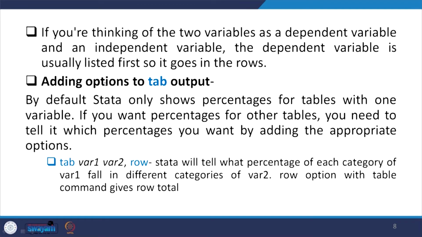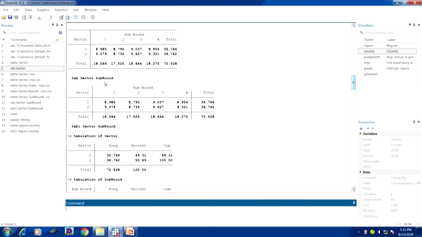Suppose what we have done so far, we have only shown you the frequencies through the table command or through the tabulate command. But now we are going to show you the percentages row wise or column wise.